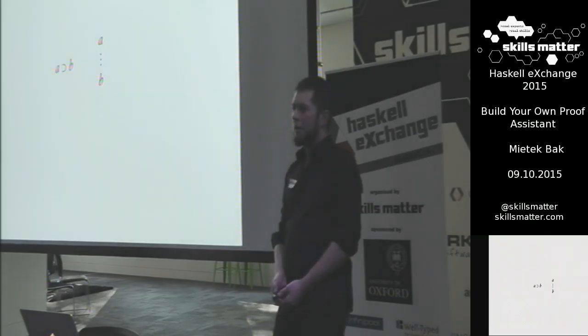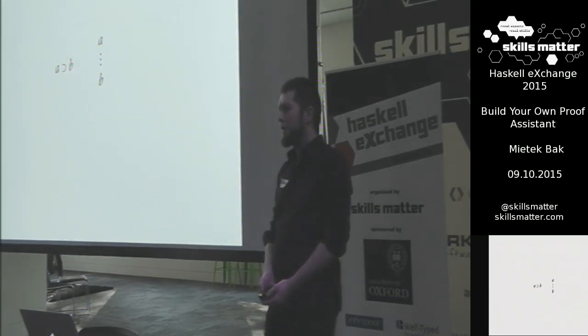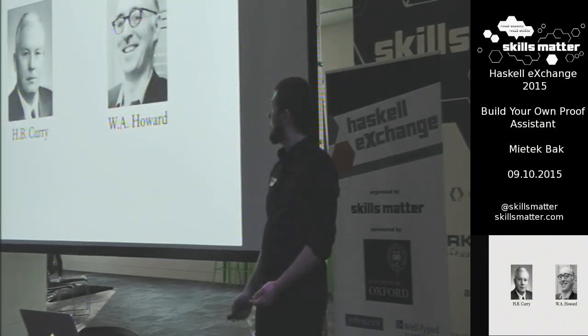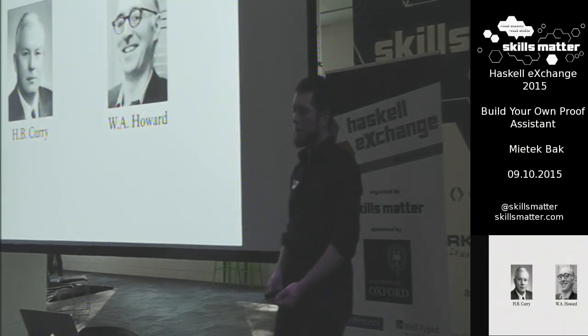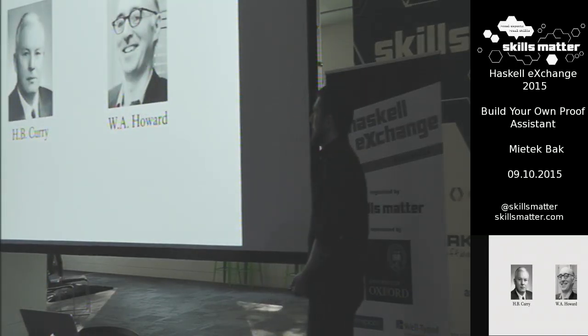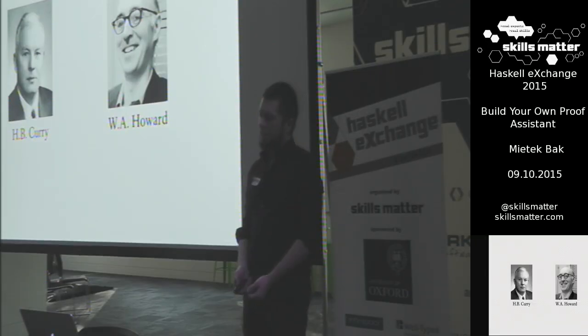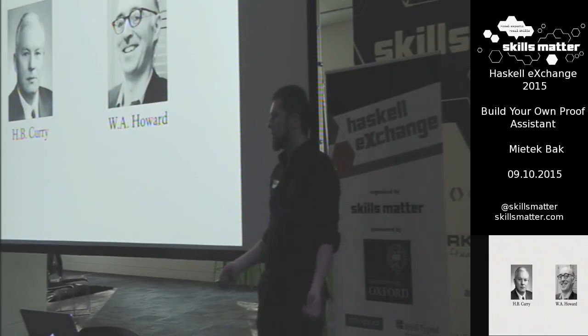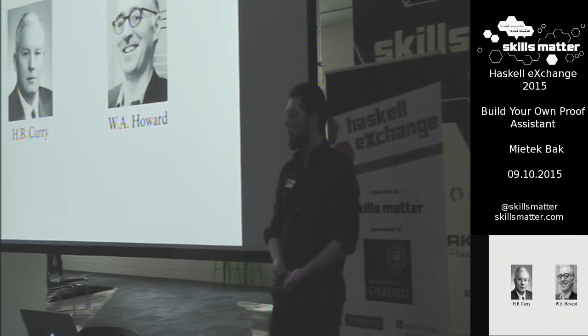Now, there's another closely related notion, often called propositions as types, or the Curry-Howard isomorphism, which describes the correspondence between logics and programming languages. So what does this actually say? It says that for each proposition in a particular logic, there is a corresponding type in a programming language. And so for each proof of a given proposition, there is a program of the corresponding type.